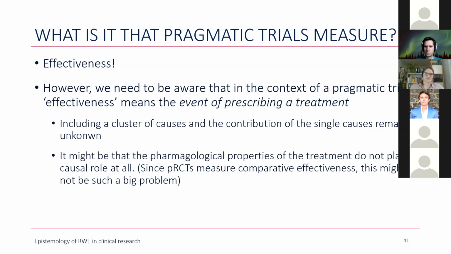Here, effectiveness is the event of prescribing a treatment, and this event, of course, includes a cluster of causes, and the contribution of the single causes remains unknown. And it might be that the pharmacological properties of the treatment do not play a causal role at all. However, a short side note, since pragmatic trials measure comparative effectiveness, I don't think that this is such a big problem, but this is just a side note.